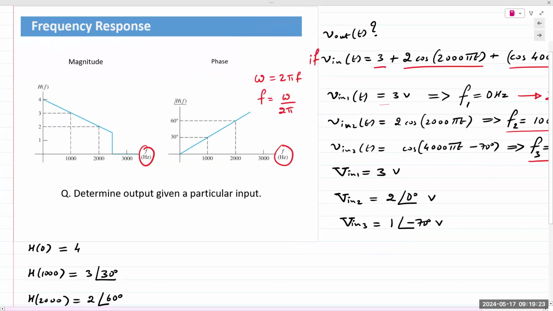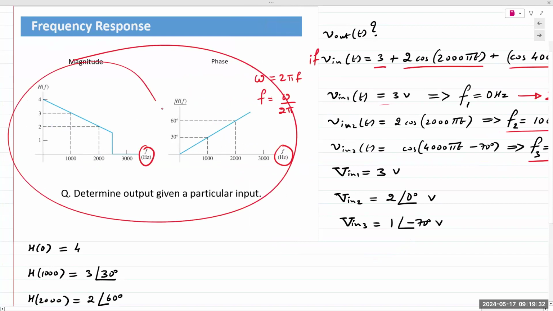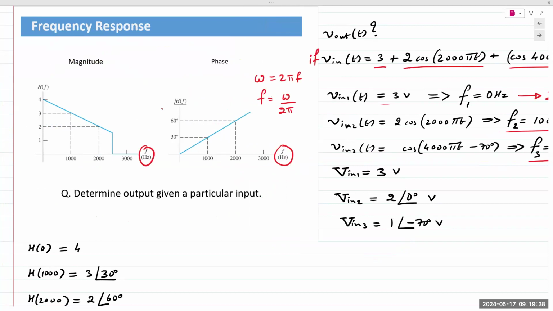Then here's the important part. We want to know how the circuit behaves at any given particular frequency, which is described by these charts right here. The ones that are of interest to us are 0, which is right here, 1000 and 2000. So that's V in 1, that's V in 2, and that's V in 3. For each particular input frequency, we extract the information about the magnitude and the phase of this circuit or network, and then write out the transfer function at that particular frequency.